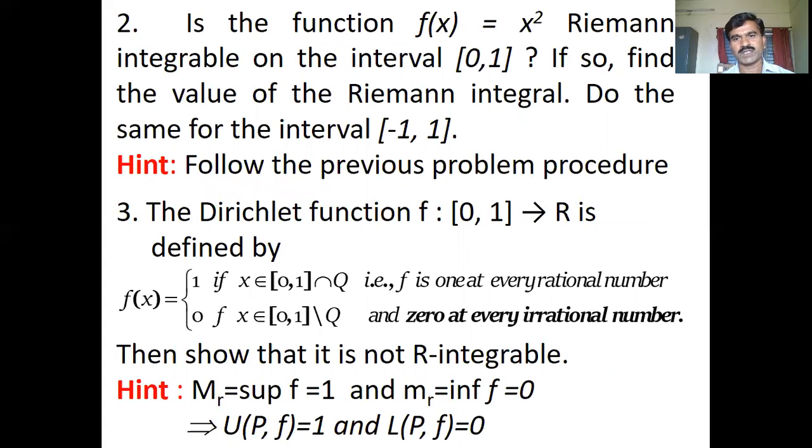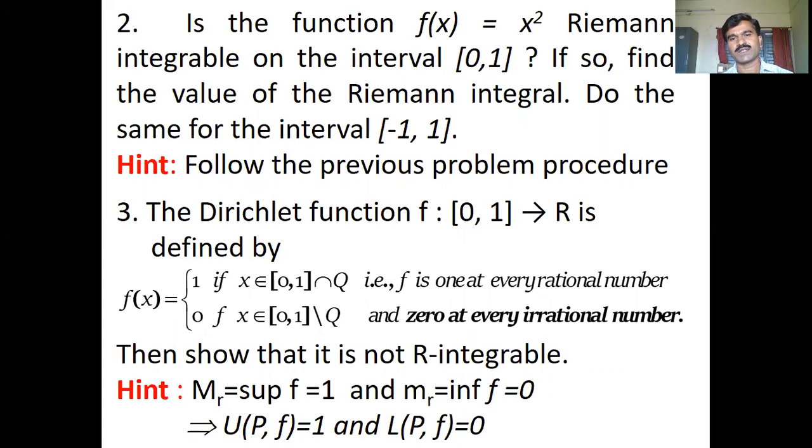Next, show that the function x squared is Riemann integrable on the closed interval [0, 1]. If so, find the value of the Riemann integral. Do the same for the interval [-1, 1]. We can follow exactly the same procedure as in the previous problem.